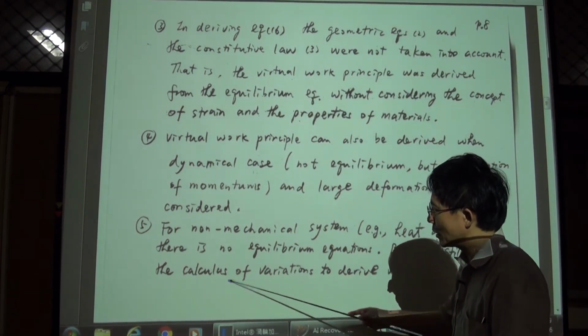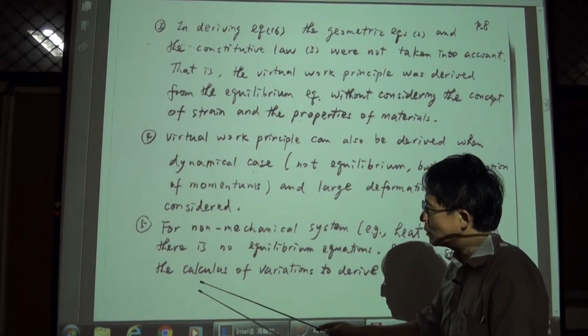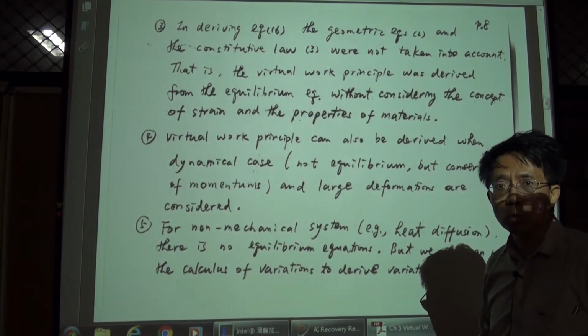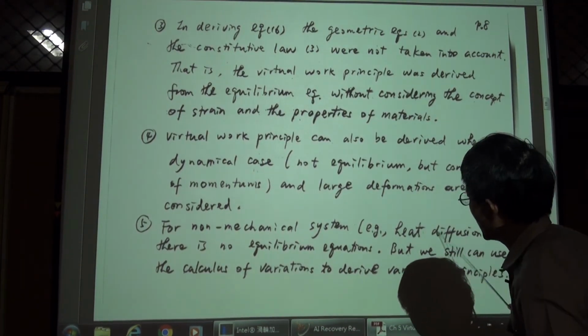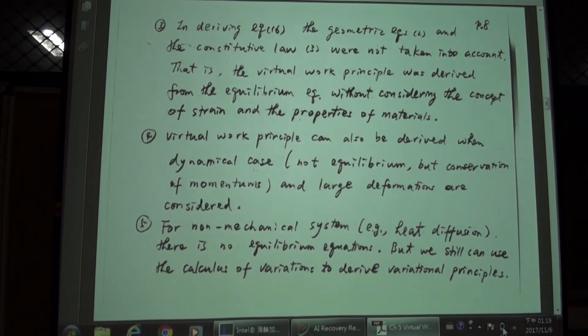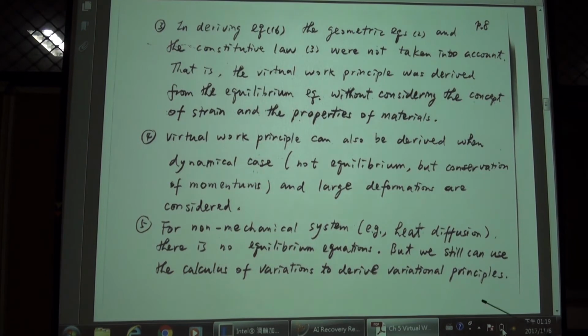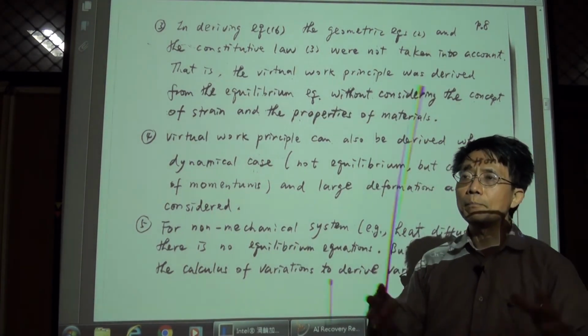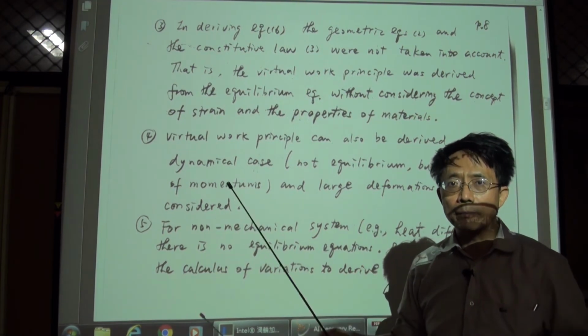We still can carry out the calculus of variation to formulate the heat equation into the integral form. They call it the weak form. And this opens up a very broad area of application.